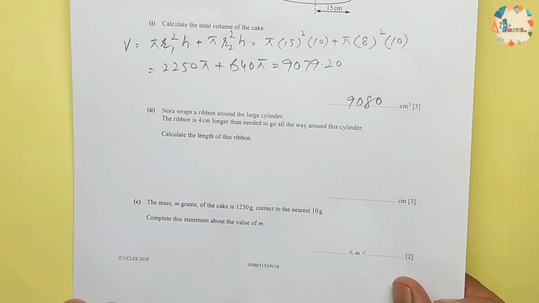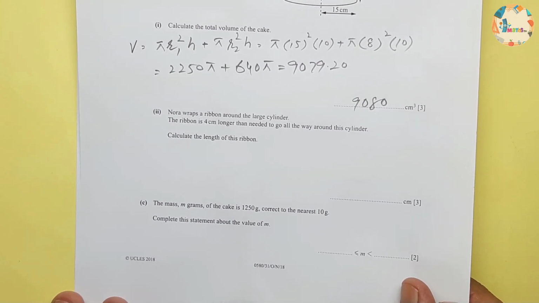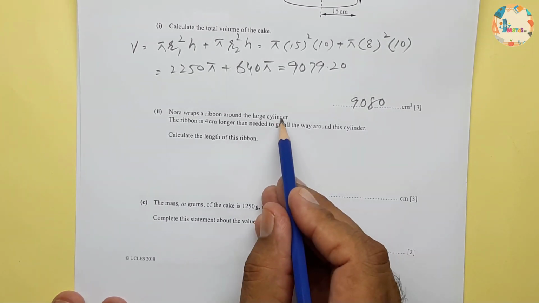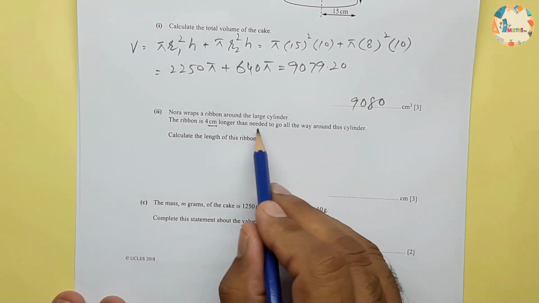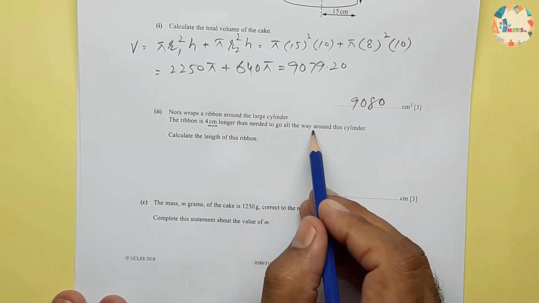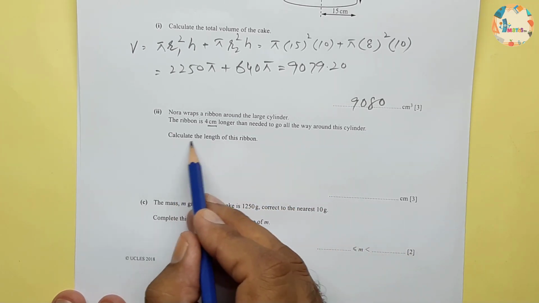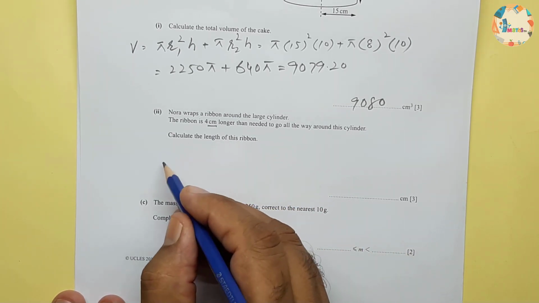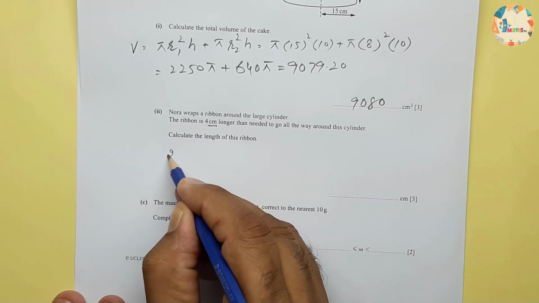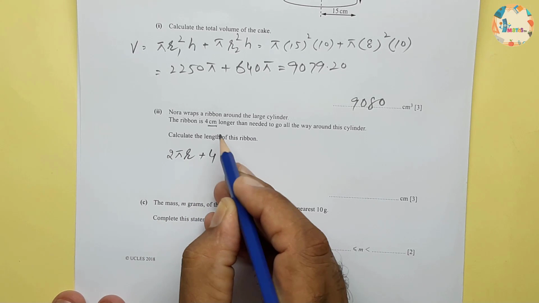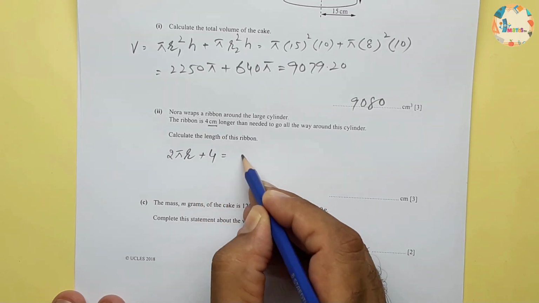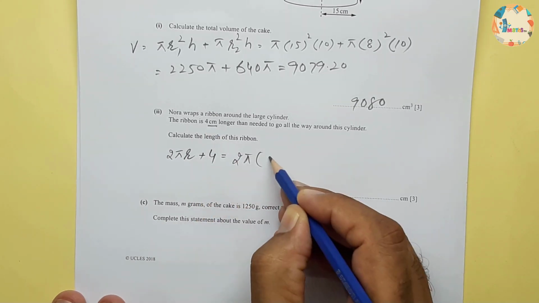Then Nora wraps a ribbon around the large cylinder, the lower cake. The ribbon is 4 centimeters longer than the length needed to go all the way around this cylinder. Calculate the length. So 2 pi r will be the perimeter. So 2 pi r plus 4 centimeters, which is longer than this, where the radius is 15.